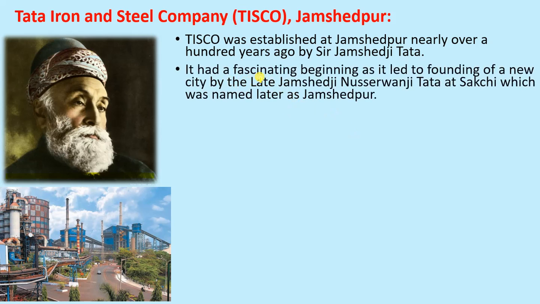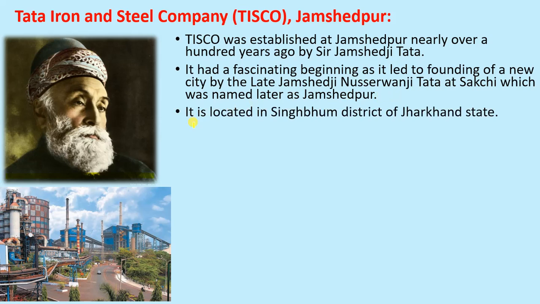It had a fascinating beginning as it led to the founding of a new city by the late Jamshedji Nusarwanji Tata at Sakchi, which was named later as Jamshedpur. It is located in Singhbhum district of Jharkhand state.